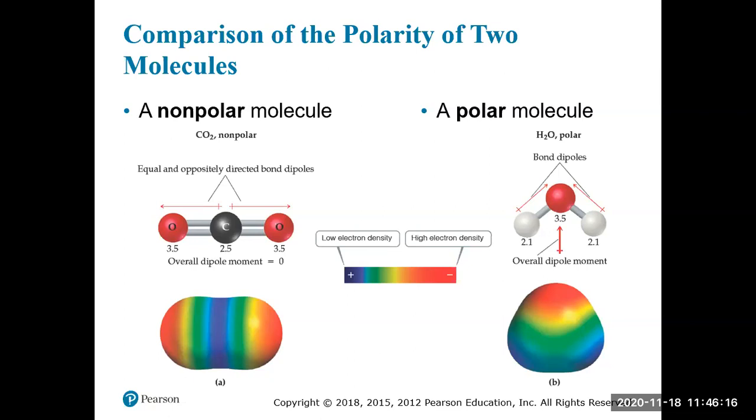So when we look at those polarity issues, we want to look at the individual bonds and then use that information to determine if the molecule is polar or non-polar. And this is where knowing the molecular geometry comes into play, because having that molecular geometry information helps us understand what direction those dipoles are going in.